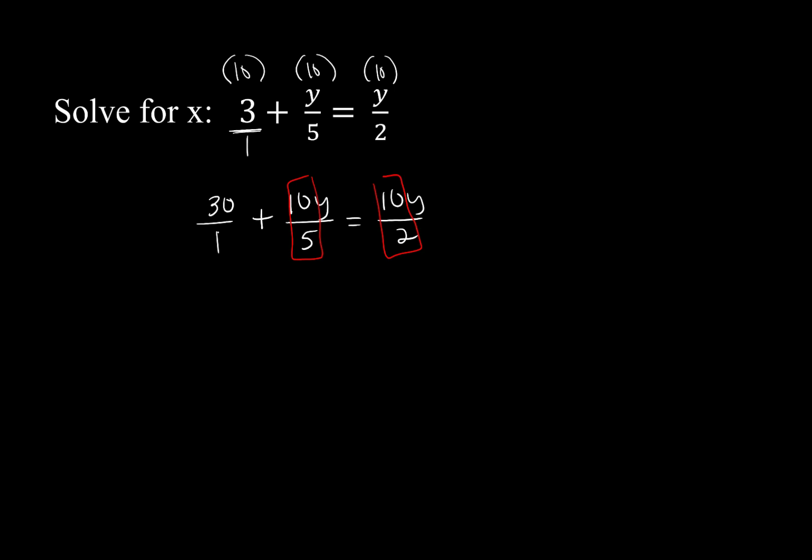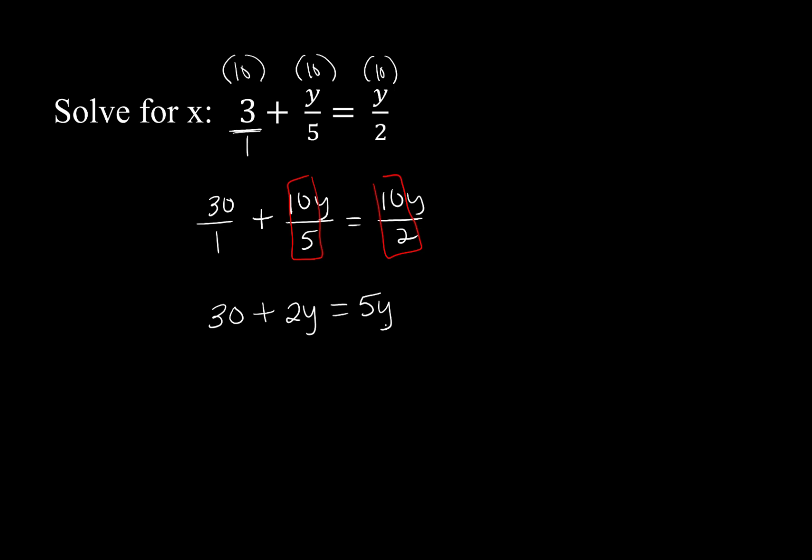Just another way to write 30 over 1 is simply to write 30. Another way to write 10y over 5, a more simplified way, would just be 2y, and then another simplified way to write 10y over 2 would be 5y.